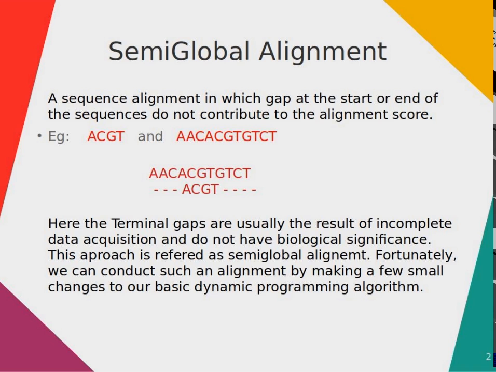Here, the terminal gaps are usually the result of incomplete data acquisition and do not have biological significance. This approach is referred to as semi-global alignment. Fortunately, we can conduct such an alignment by making a few small changes to our basic dynamic programming algorithm.